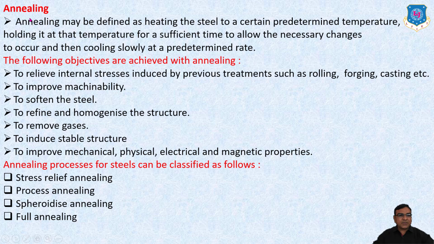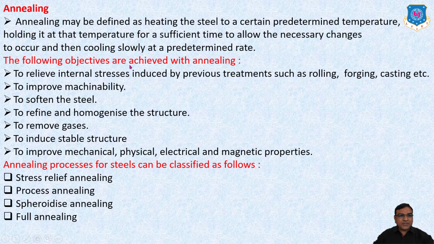First, the annealing process. Annealing may be defined as heating the steel to a certain predetermined temperature, holding it at that temperature for a sufficient time to allow the necessary changes to occur, and then cooling slowly at a predetermined rate.